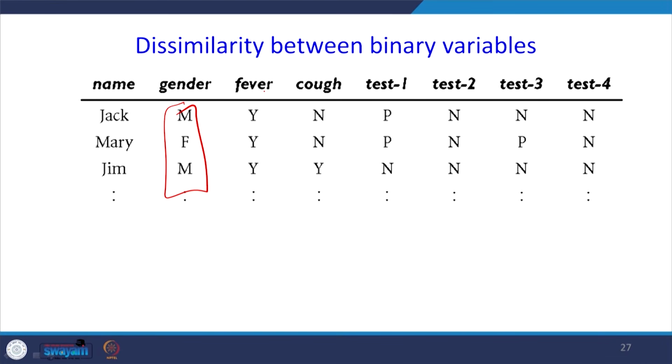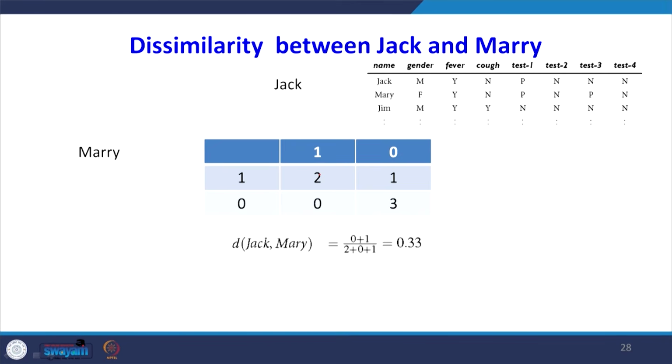Here Y and P represent 1, and N represents 0. Let us find the dissimilarity between Jack and Mary.